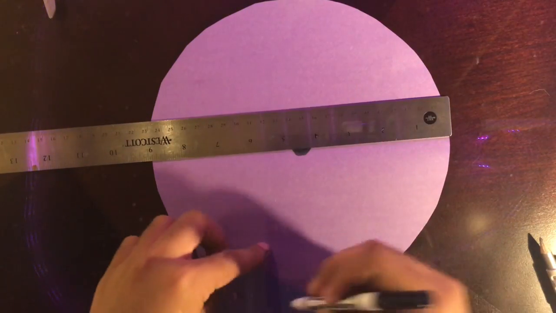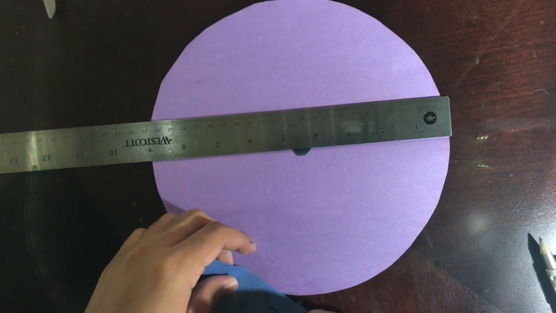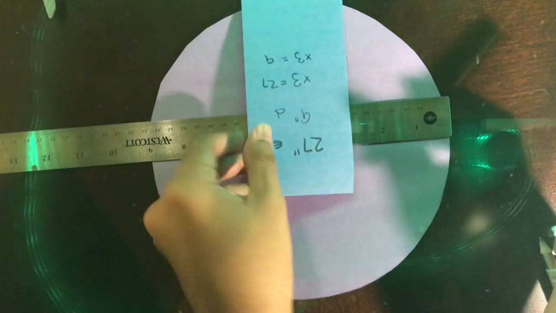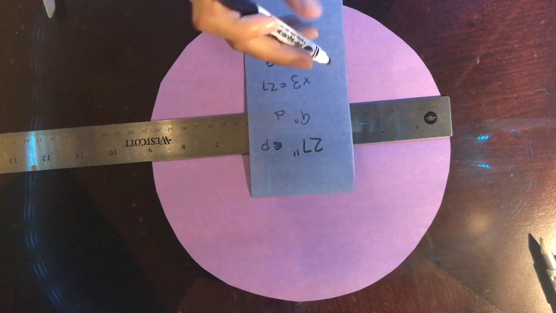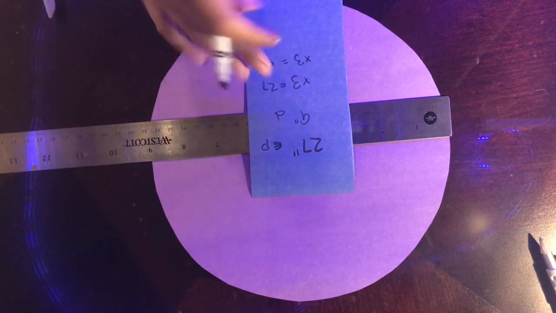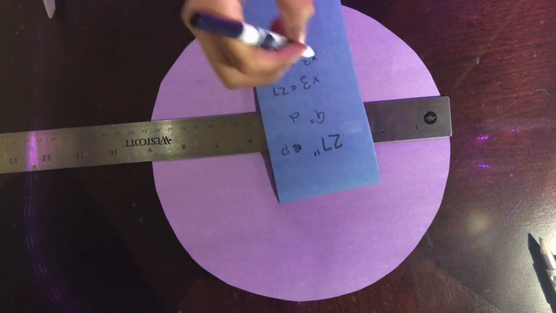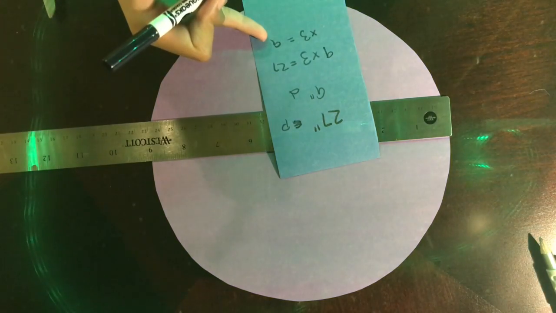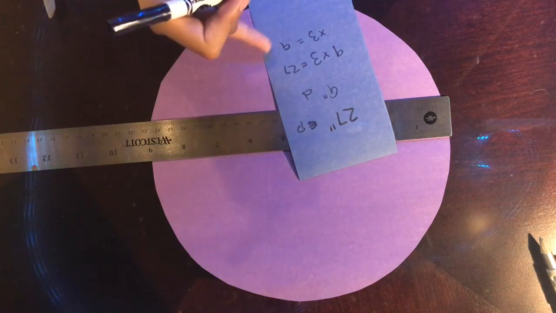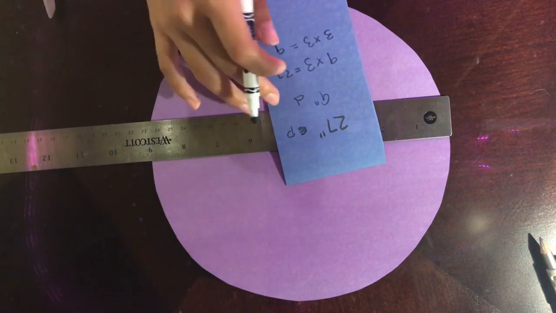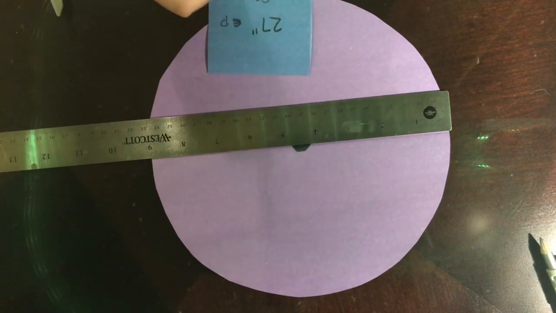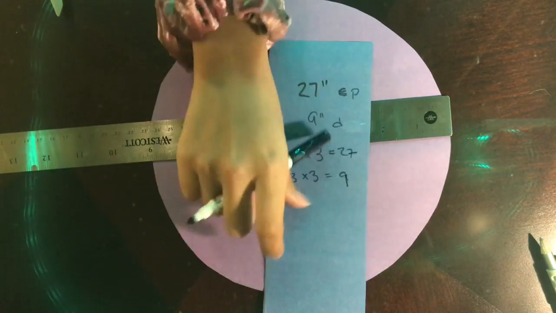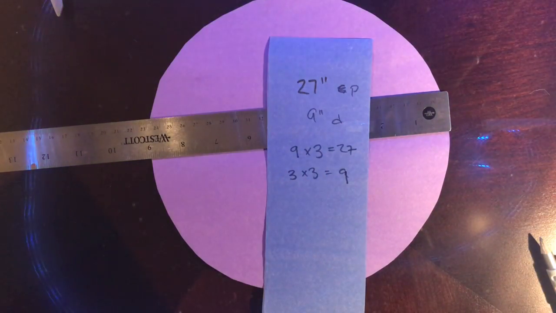Can you write the missing numbers? Is this a 9? That's a 9. Oh, okay. All right.